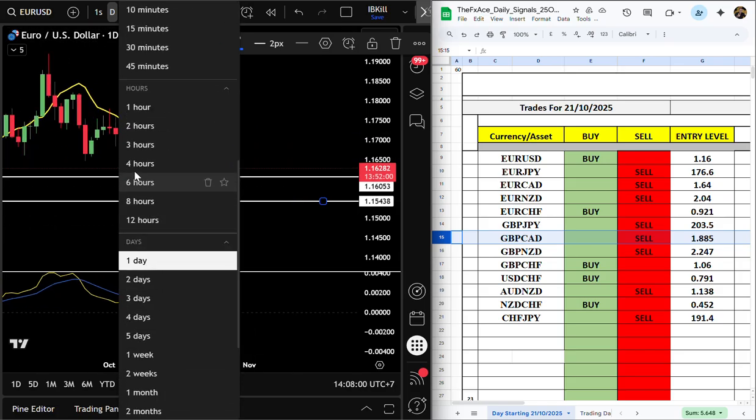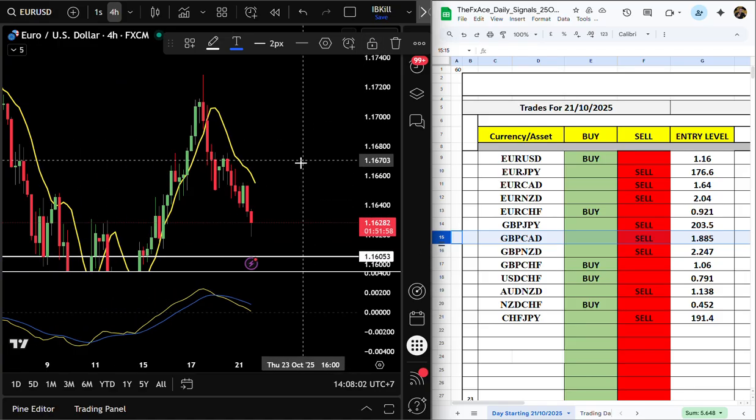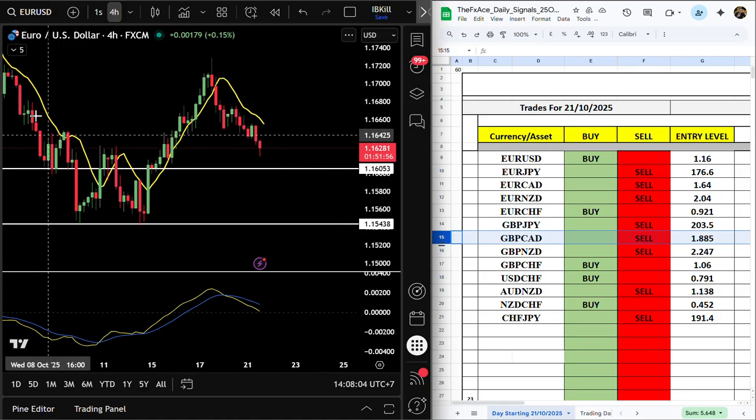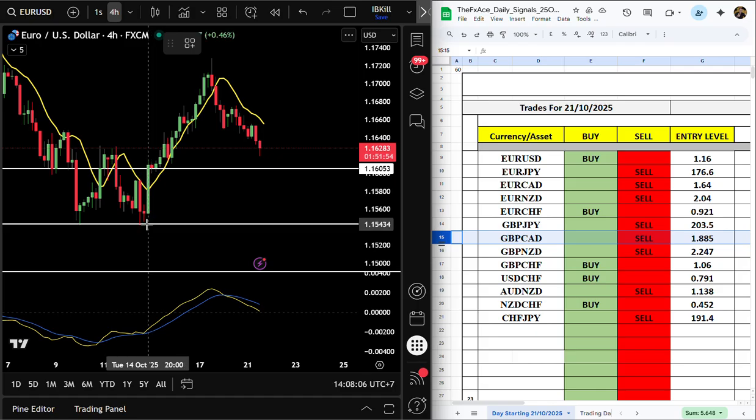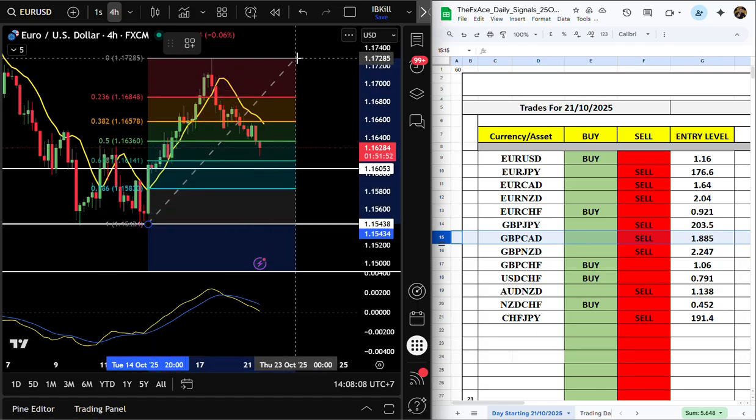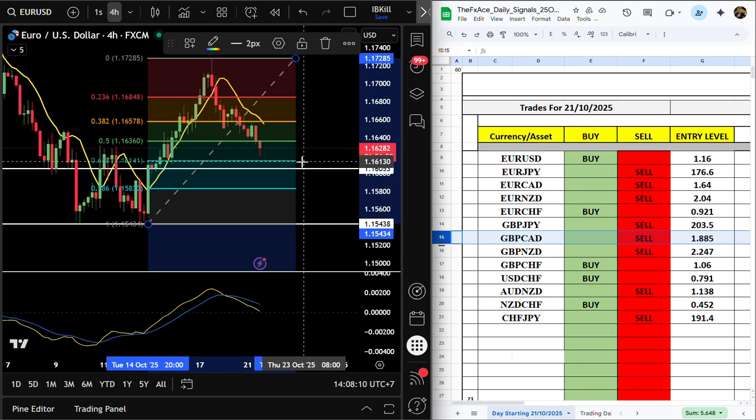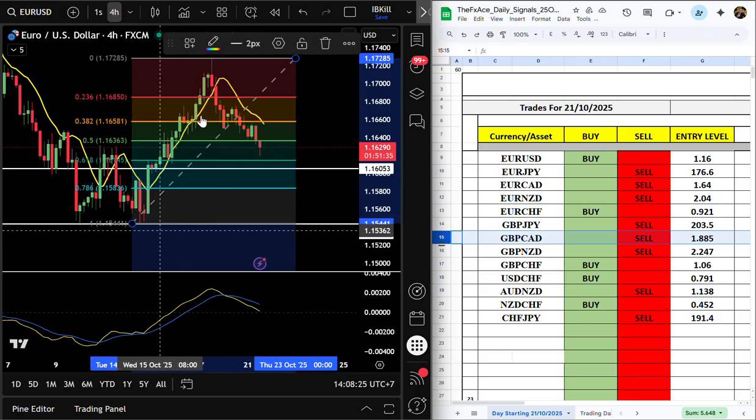Next, I want to zoom into the 4-hour chart and draw my fib level here. Like I said, this is where I'm looking to get in, around the 1.16 area. Normally the price will pierce down. It broke through the 50 fib line of this retracement up from last week.